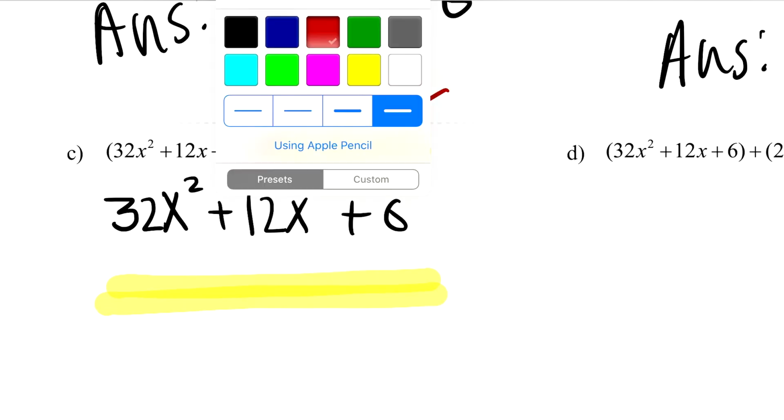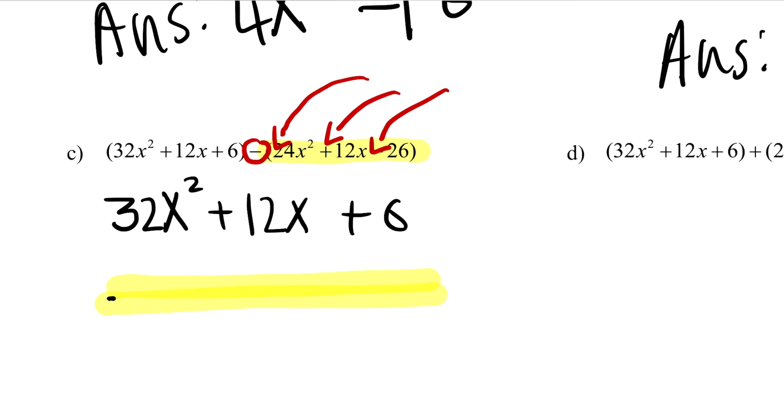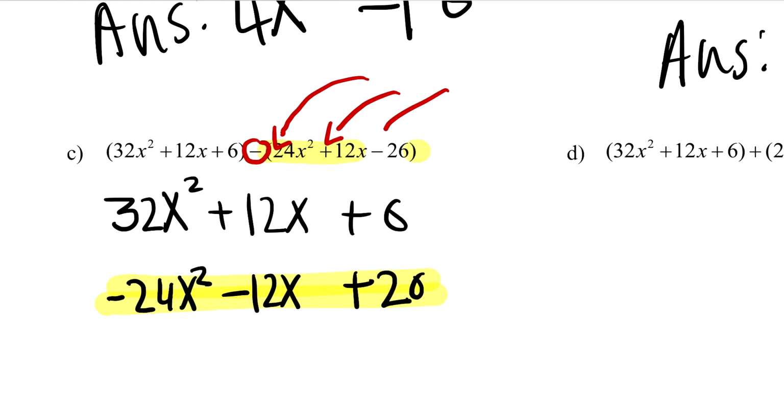So check this out. It's negative 24x squared. Okay, negative 12x, and then I think this one was negative 26, but I'm copying down positive 26. Okay, go ahead and combine them.